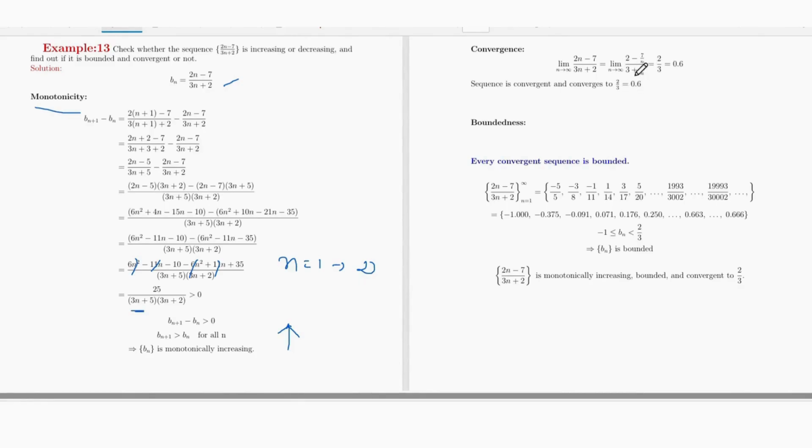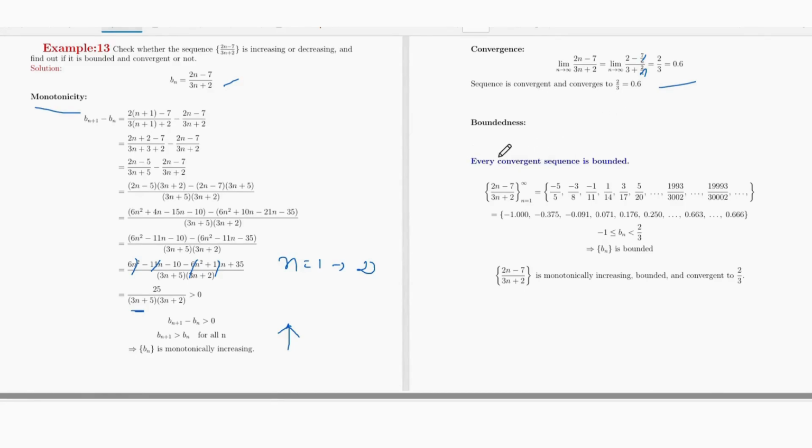So we get (2 minus 7 upon n) upon (3 plus 2 by n). Now put the limit. This quantity becomes 0 and again this quantity becomes 0. So what is the answer? The answer is 2 by 3, which is approximately 0.6. So 0.6 is the finite answer. So we conclude the given sequence is convergent and converges to the value 2 by 3.